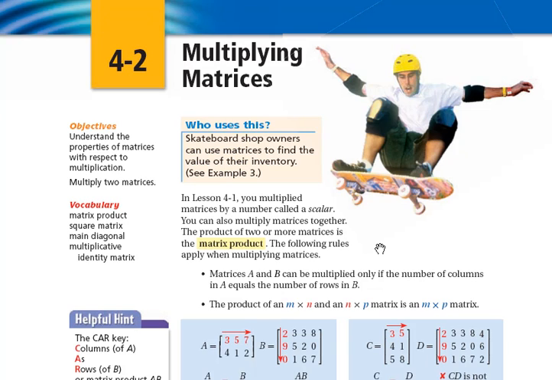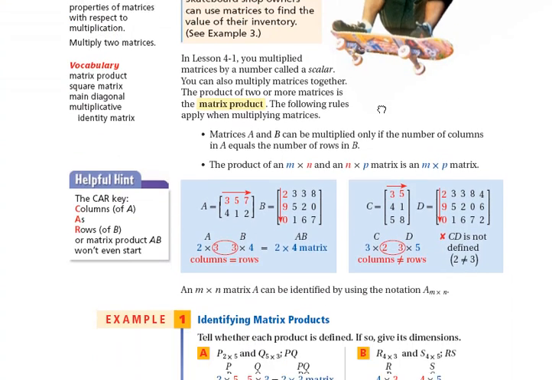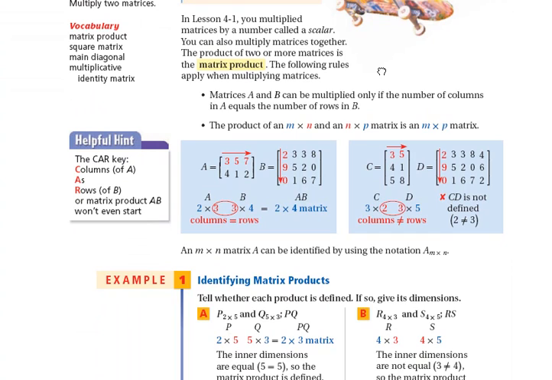And one key thing that you want to do before you actually even start multiplying matrices is to check to see if you are able to multiply them at all. What you have to check is, if you remember, we talked about rows and columns in a matrix in the last section. What you have to check is the number of columns.